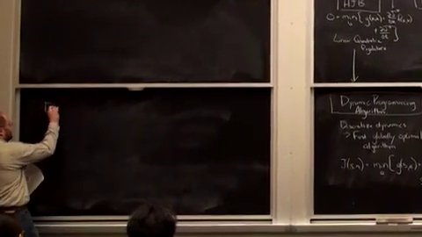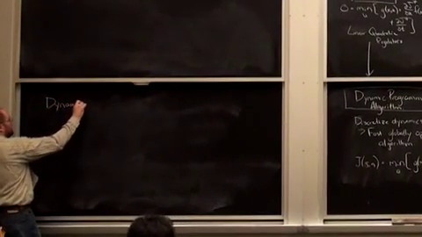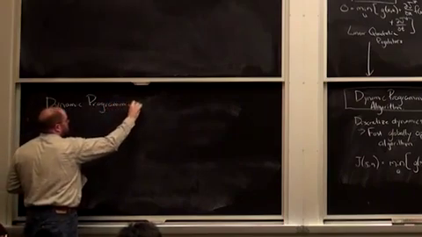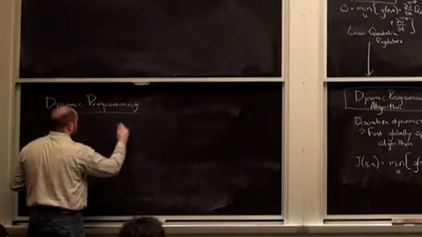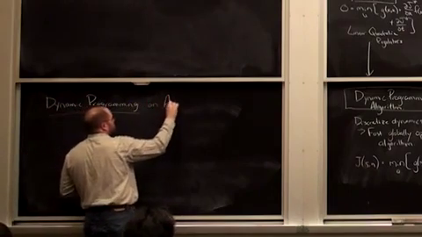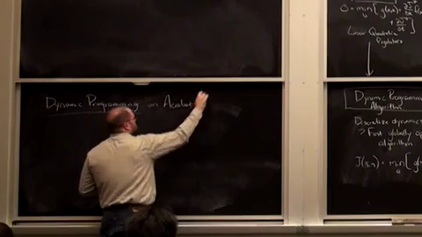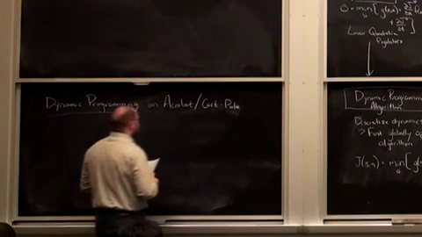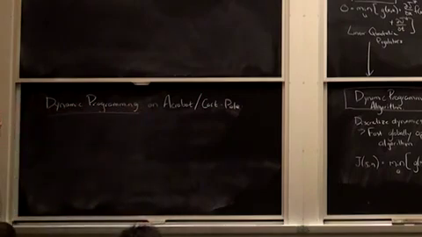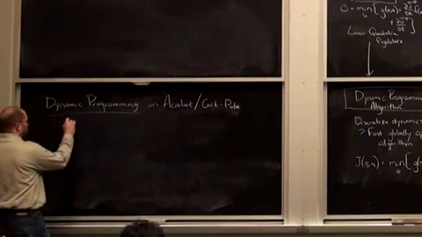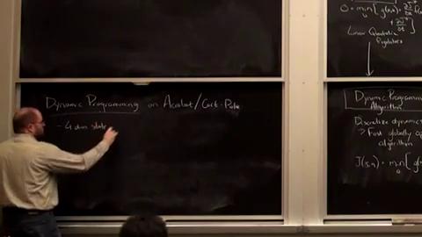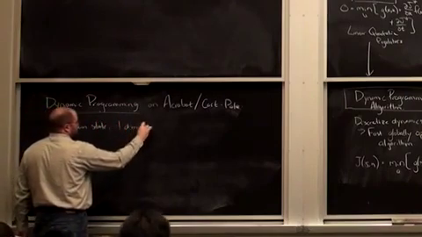So let's just evaluate dynamic programming as we go forward. Absolutely, the Acrobot and the cart pole both have a 4-dimensional state space and a 1-dimensional action space, right?